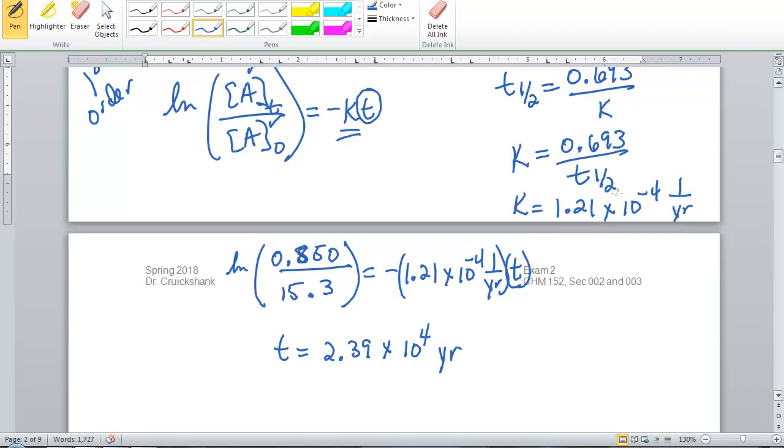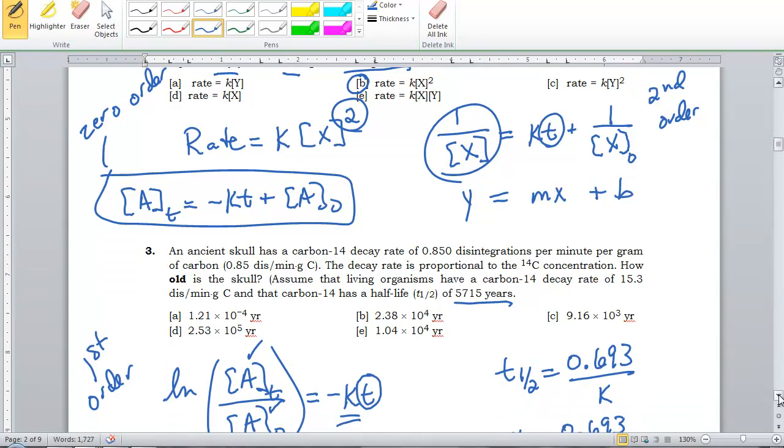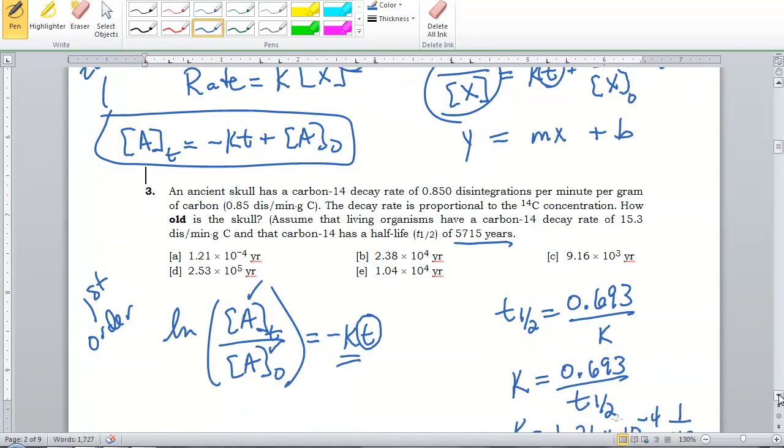I'm having trouble scrolling back up here to see which one. I don't know if I rounded when I set up this problem for the exam. I think I rounded this 1.21. If I had kept more digits in my calculator, I probably would have gotten 2.38 times 10 to the fourth.